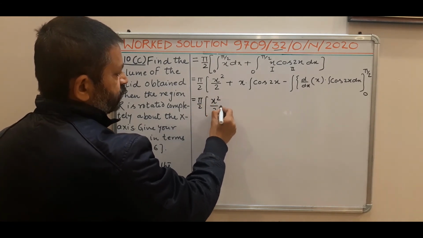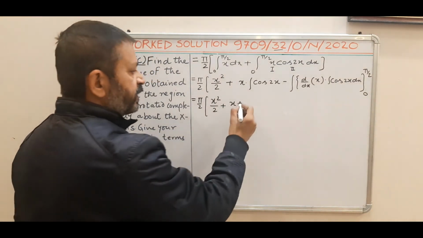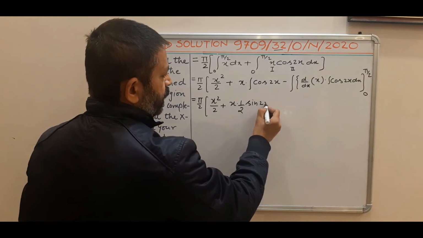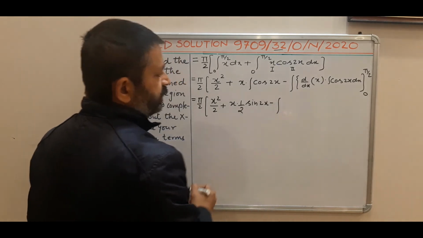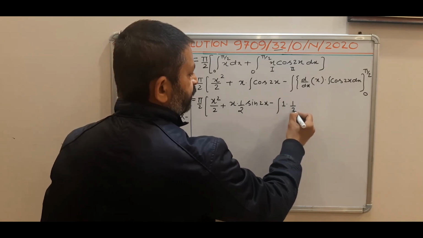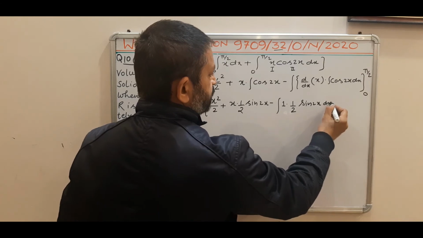X square upon 2 plus x times integral of cos 2x, it is 1 upon 2 sin 2x, minus integral derivative of x will be 1 into half sin 2x dx.